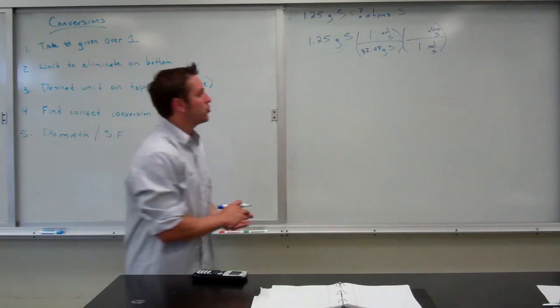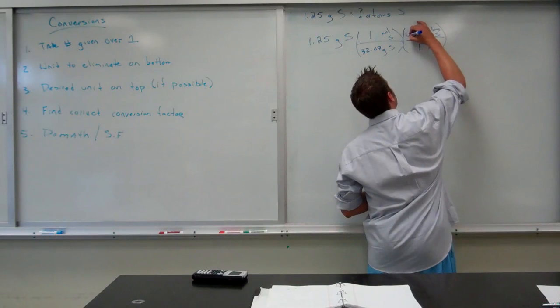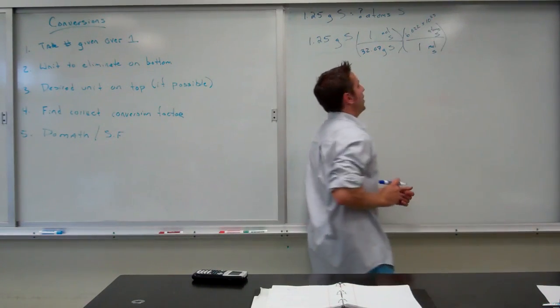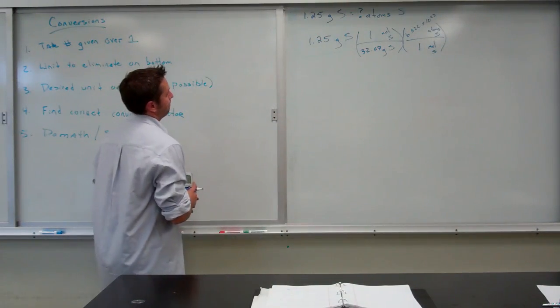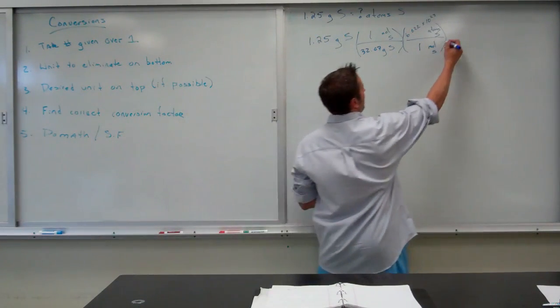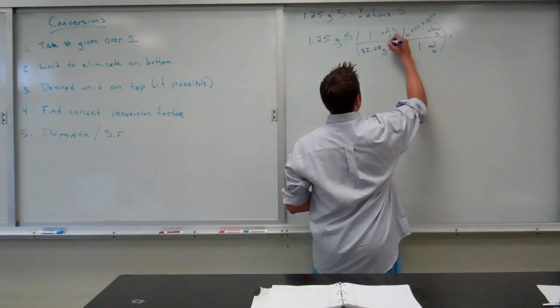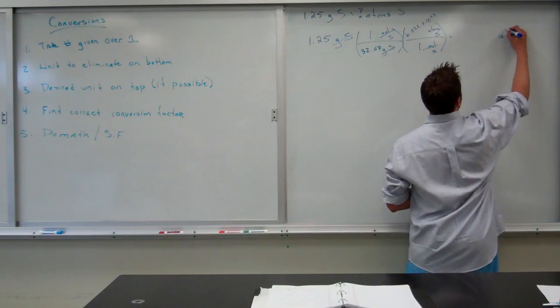Moles to atoms, we also always know, right? It is Avogadro's number, so I'm going to put 6.022 times 10 to the 23rd in for the top. Last but not least, we just have to do our math and watch our units and sig figs. Grams cancel, moles cancel, leaving me with atoms.